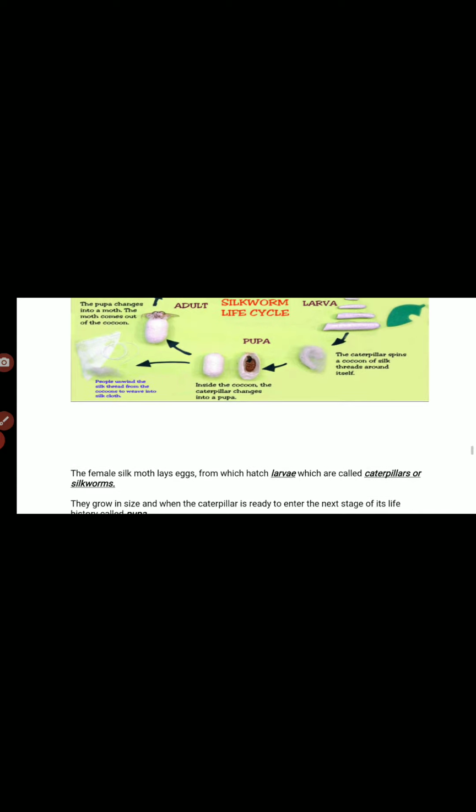The leftover white substance, that protein-like substance, is called silk. This is used as silk fiber. So from the cocoon we can get the silk fiber. From this white cocoon you can get the silk fiber.